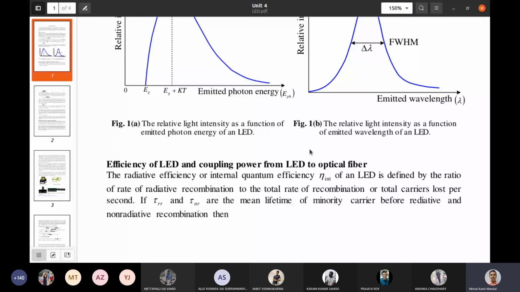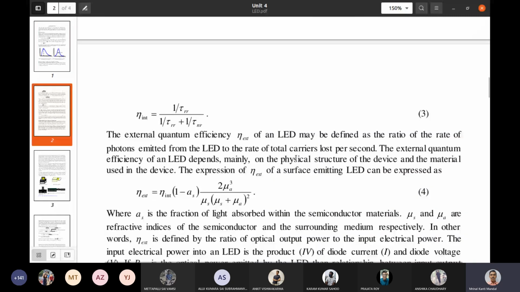then we can write the internal quantum efficiency. The internal quantum efficiency will be (1 divided by tau_r) divided by (1 divided by tau_r plus 1 divided by tau_nr), where tau_r is the radiative recombination, which contributes to photons. But non-radiative recombination will not contribute to photons, right?